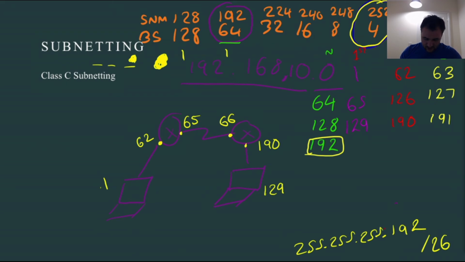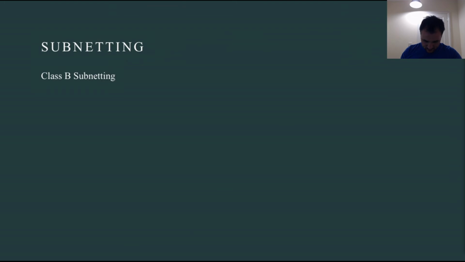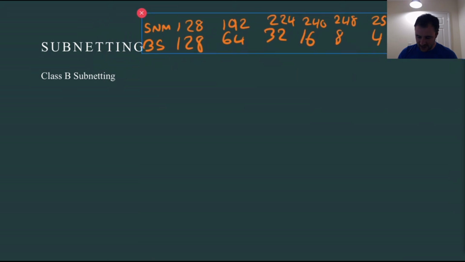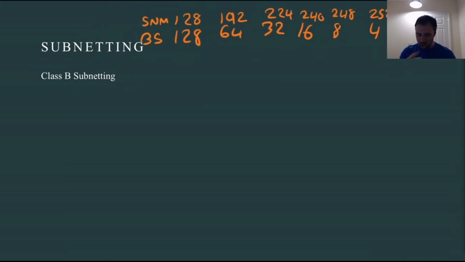Taking what we've just known and implanting it onto class B, it's very much the same, except we go into the next octet, depending on what numbers we need, really. So let me just paste in our table. And now we're playing with not the last octet, not the fourth, but the third. So we're working both those last two octets.